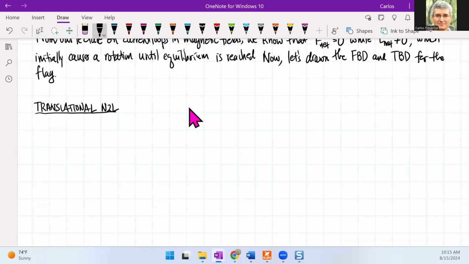So as I said already, let's first identify the magnetic forces on the current loop.